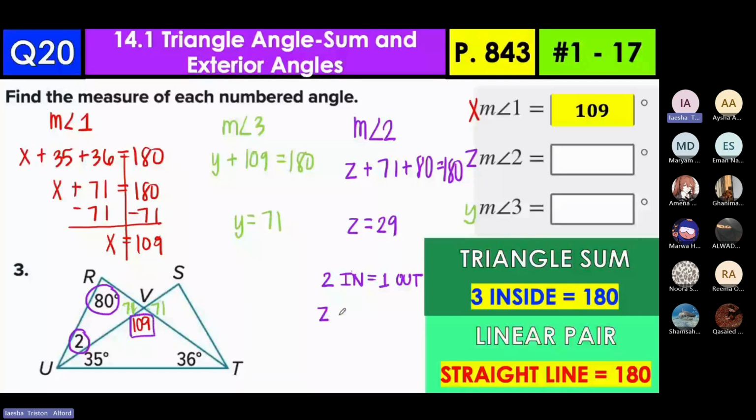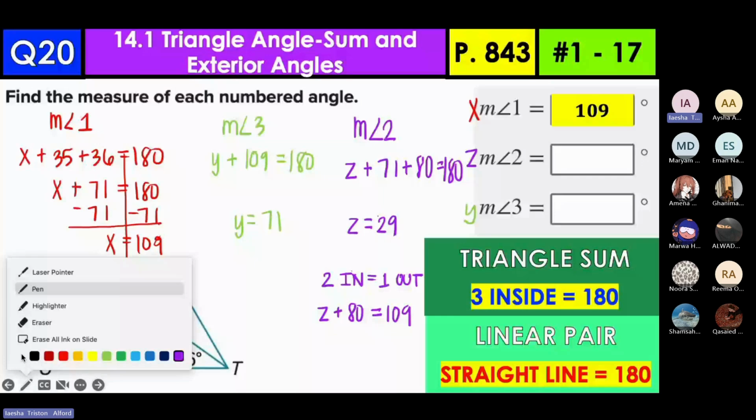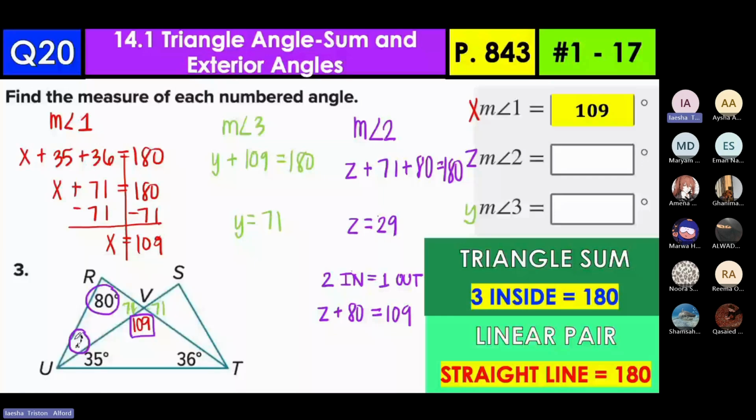So z plus 80 equal 109. You're going to get 29 again. So it's up to you if you want to use triangle sum or exterior angle. Depends on what you see. Either way, when you get the final answer, erase the 2 and put the correct measure. Should be 29.